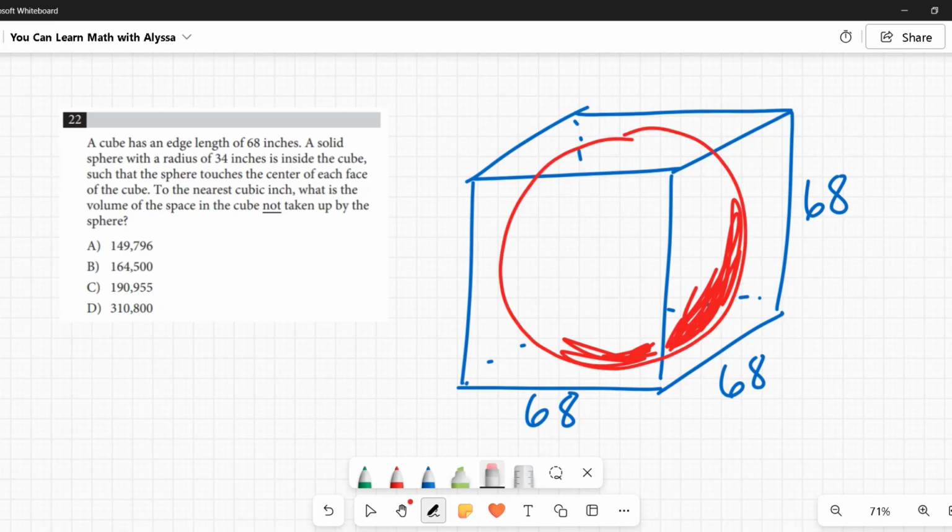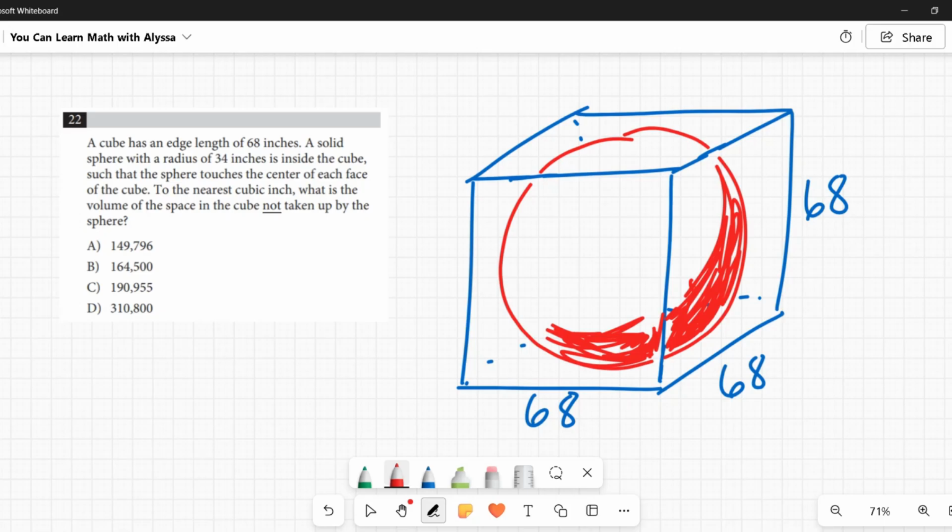Oh, no. Erase the partial stroke. There we go. I want this to be realistic. I want it to look like it actually is in there. Okay, I'm pretty happy with that. There's a solid sphere inside this wire cube that I've drawn, and it has a radius of 34 inches.